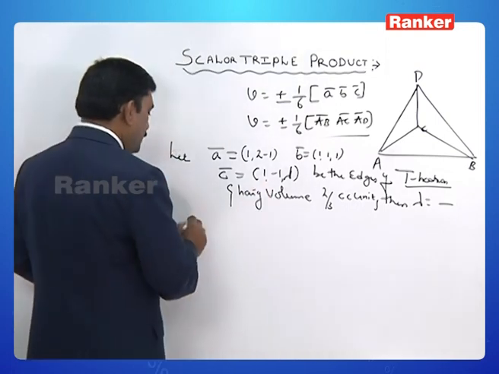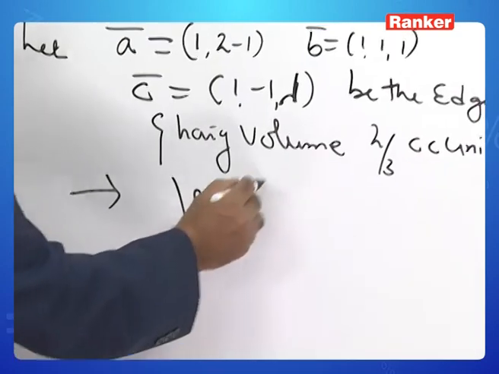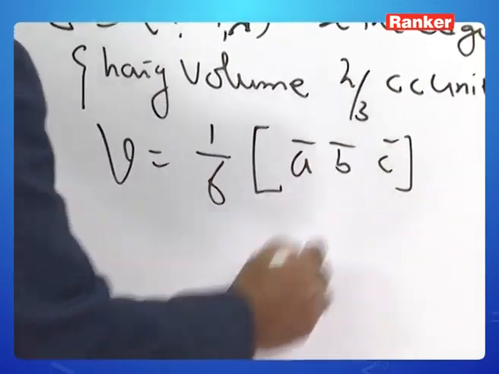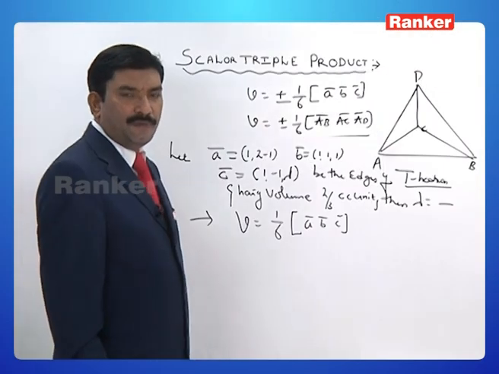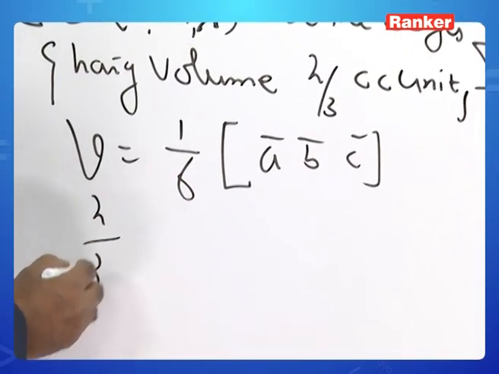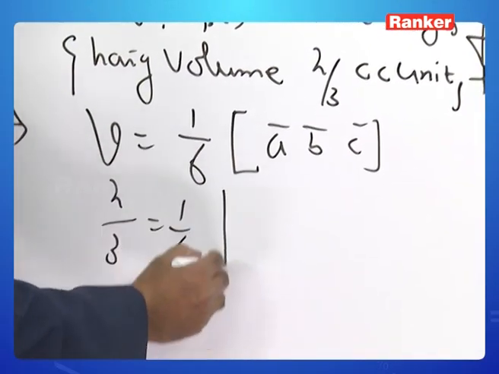We know that the volume of a tetrahedron is equal to 1 by 6 into box of A bar, B bar, C bar. Followed? So therefore, I can write 2 by 3 is equal to 1 by 6 into the determinant.